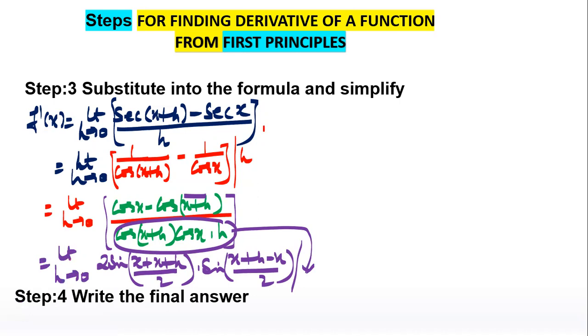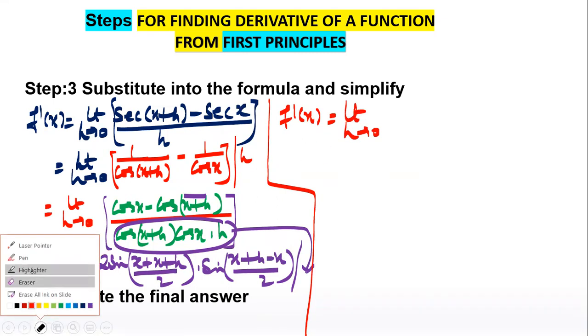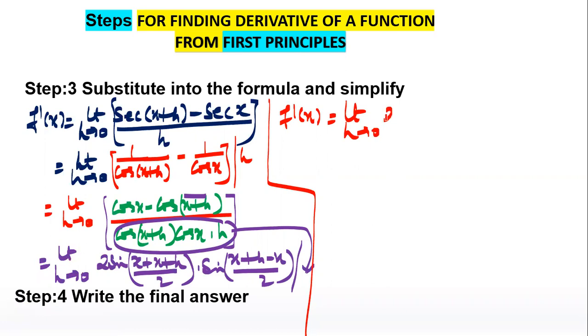Now f'(x) equals limit h tends to 0 of 2 sine (x+h) upon 2, that is (2x+h) upon 2, into sine h upon 2 — the rest will cancel out.